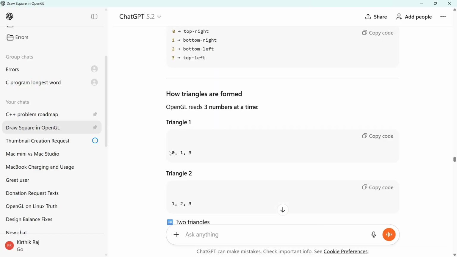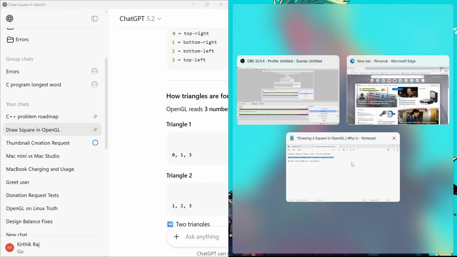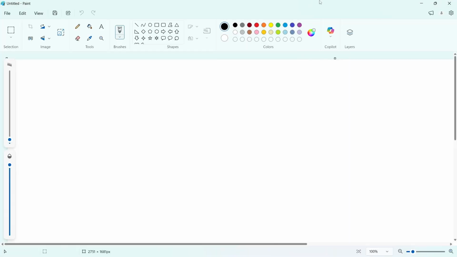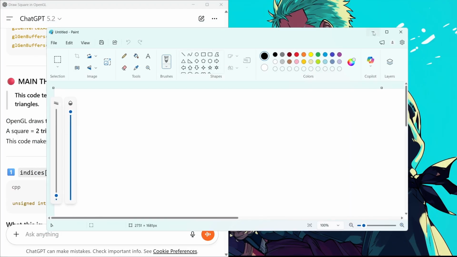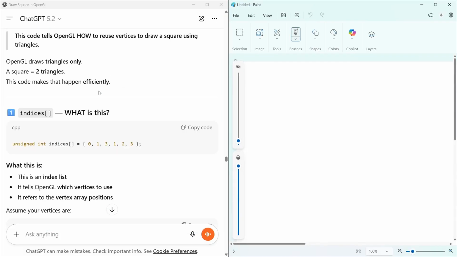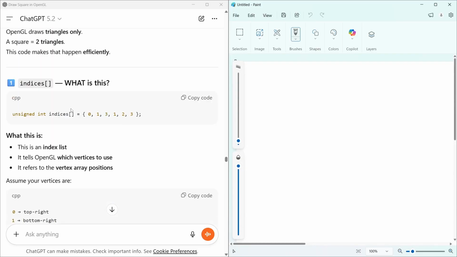So 0 is bottom right. Okay, let me do this. I think a visual understanding will be more understandable, and I always appreciate visual understanding more than theoretical understanding.